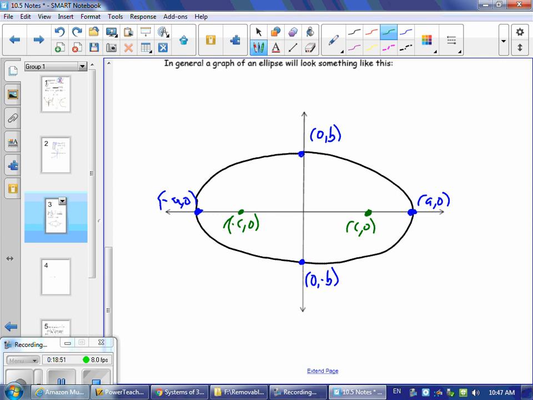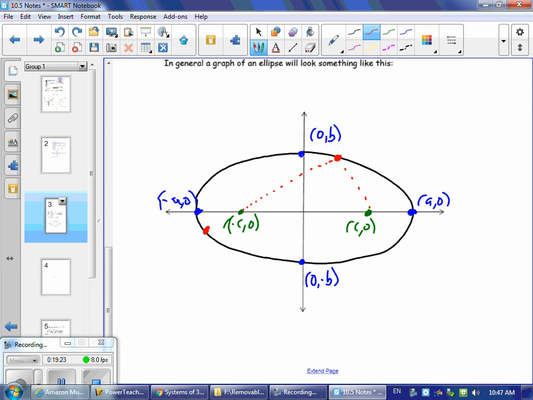The idea is, if I were to pick any point right there, the distance that I take when I add that one plus that one is going to be exactly the same as if I pick any other point. I could pick a point right here.